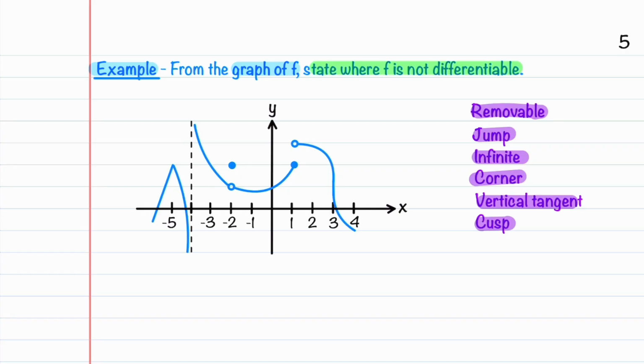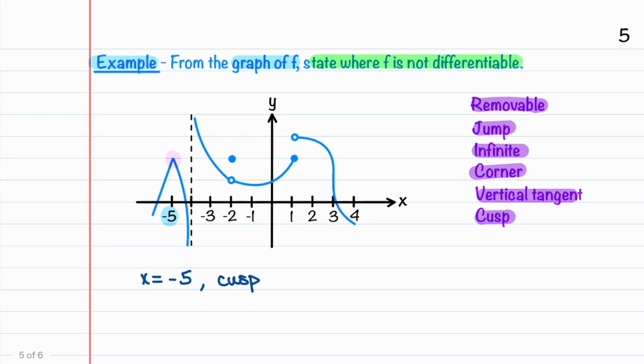Let's start looking at our x values as we go from left to right. When x equals -5, we have what looks like a cusp. So at x equals -5, our function is not differentiable, and the reason is that we have a cusp.